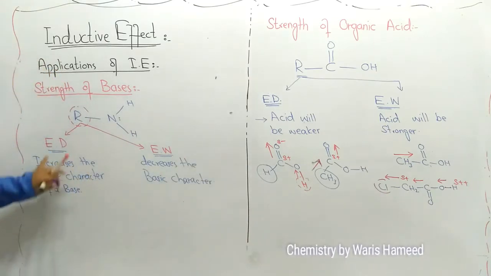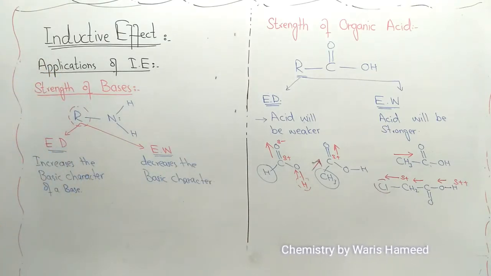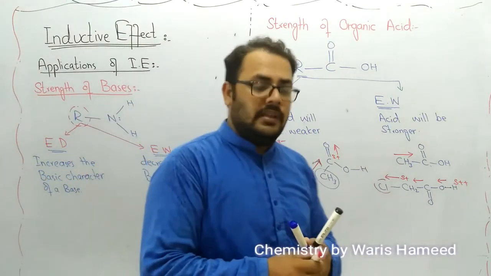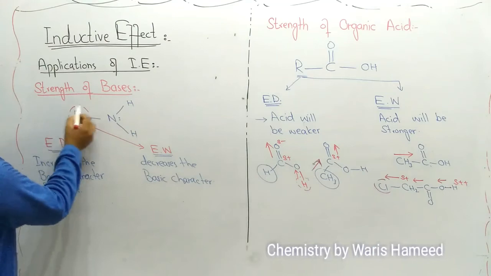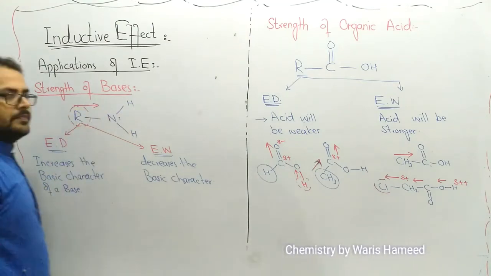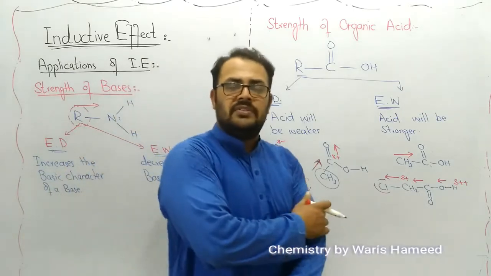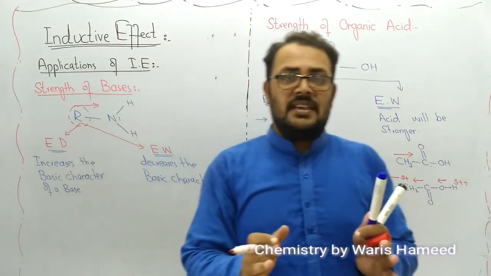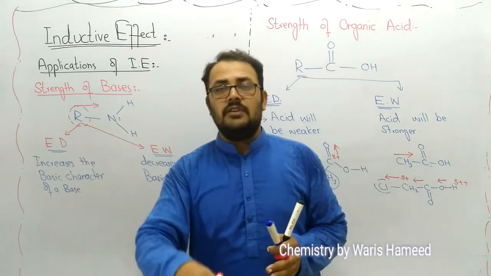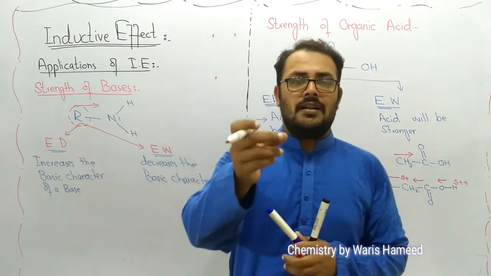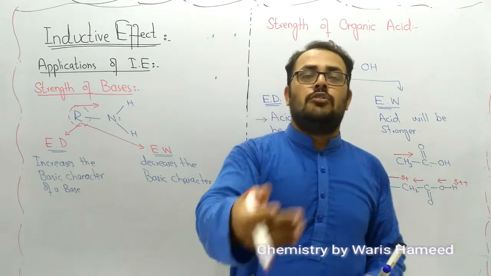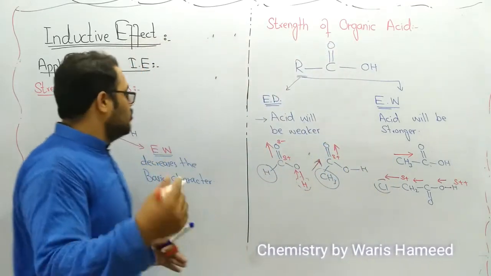Now I am going to discuss electron donating group. Suppose the R group is electron donating, then what will happen? This R group will push electronic density toward the nitrogen atom. According to Lewis, any base having a donatable lone pair, or a base that has the ability to donate its lone pair, will be a good base.